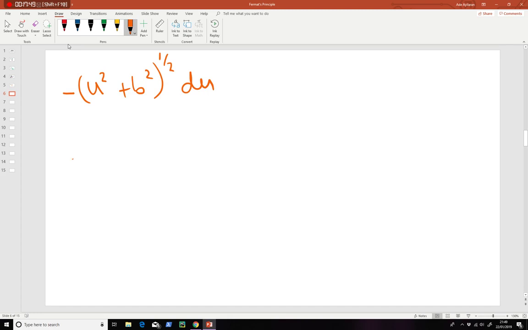So outside at the moment looks like this: 2u over u squared plus b squared. And then I multiply by this power, which is a half, and I take away 1 from the power. So the new power becomes minus a half. Now remember that we said that u equals L minus x.